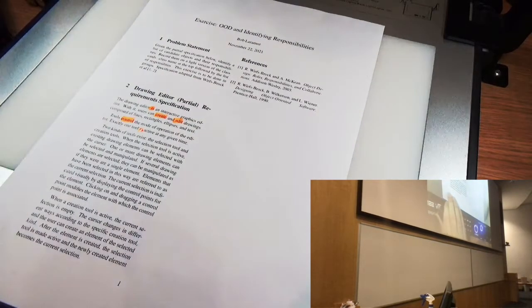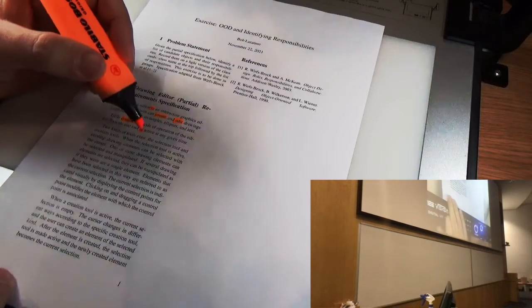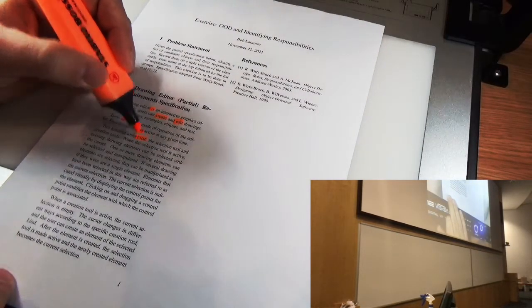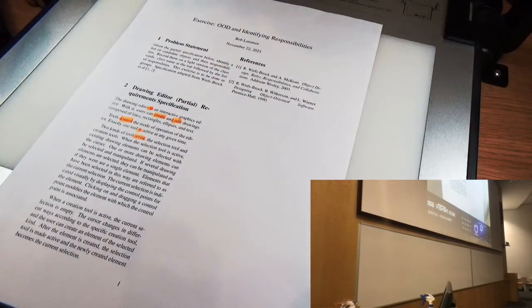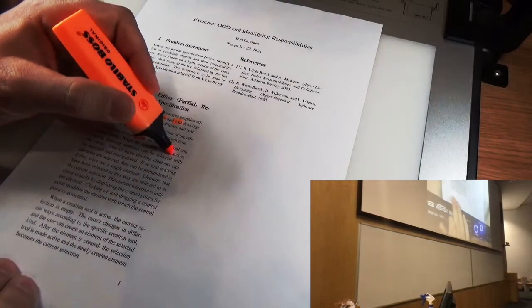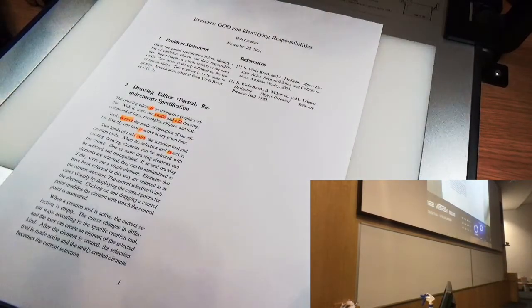I'm going to highlight that is again. Two kinds of tools exist. That's a funny way of expressing it, but anyway, exist in this case is a verb. The selection tool and creation tools. When the selection tool is active, there's that is again.